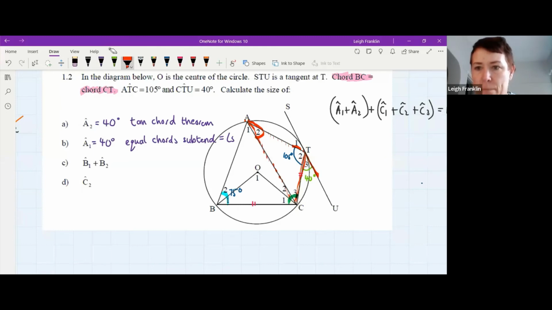Yes, ma'am. Okay, Noxie. Z says, if equal chords subtend equal angles, I thought that O1 equals 40. Angle O1 will be double angle A1 because angle at center is twice angle at circumference.